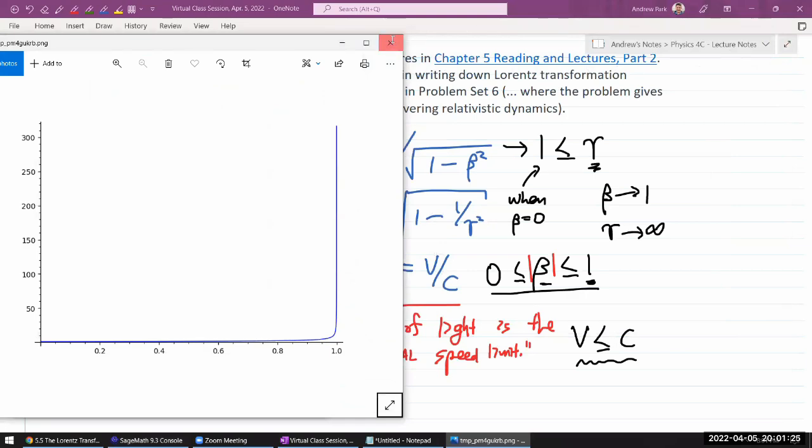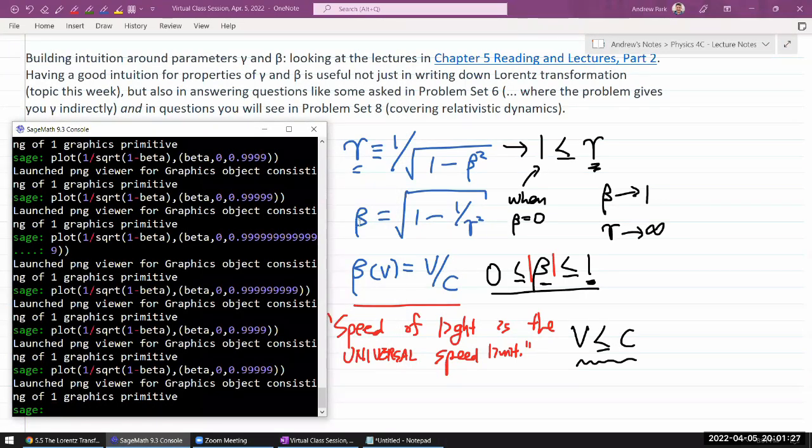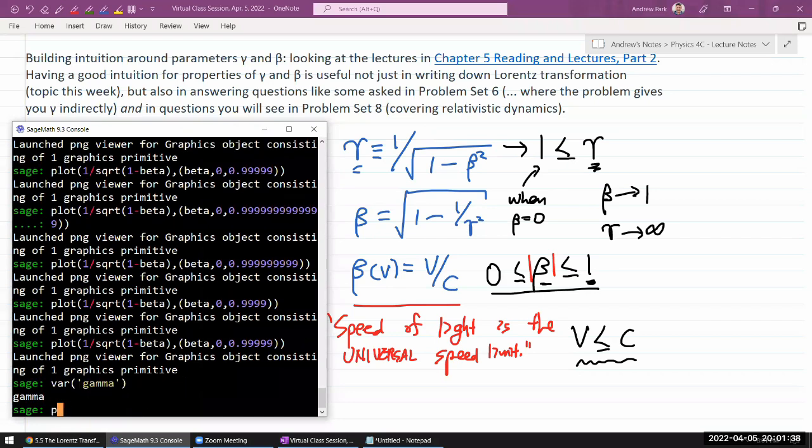What you will see much better behaved is beta in terms of gamma. So let me plot beta as a function of gamma. Let me declare variable gamma again, and let me just plot square root of 1 minus 1 divided by gamma squared. Oh, wait, sorry.